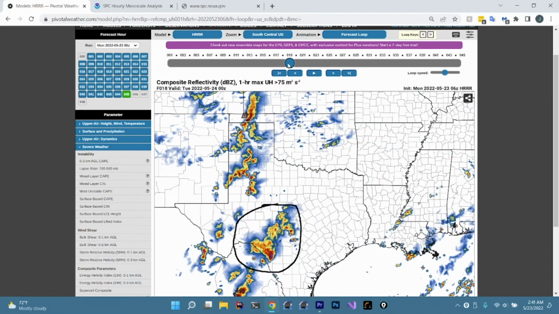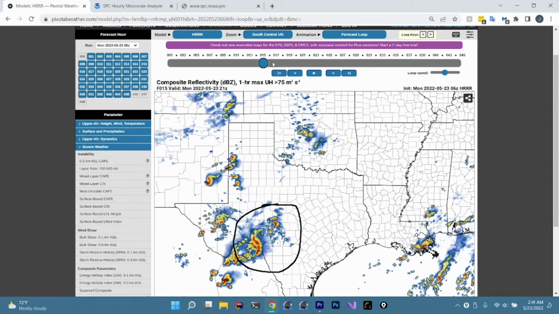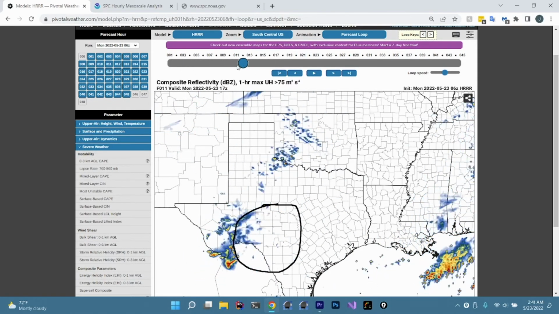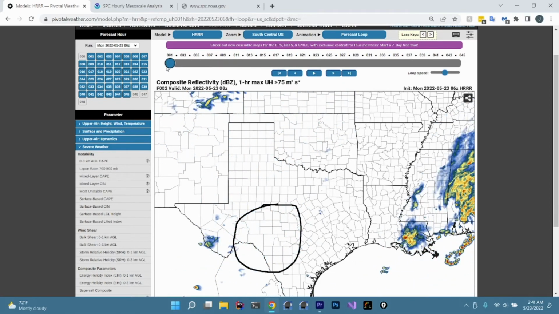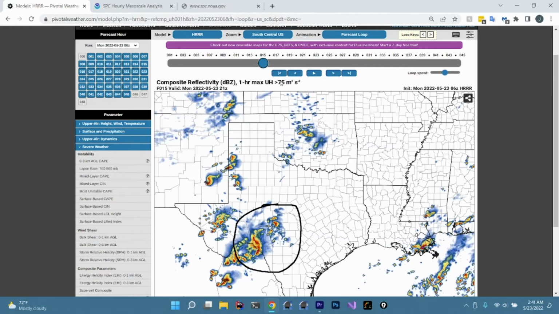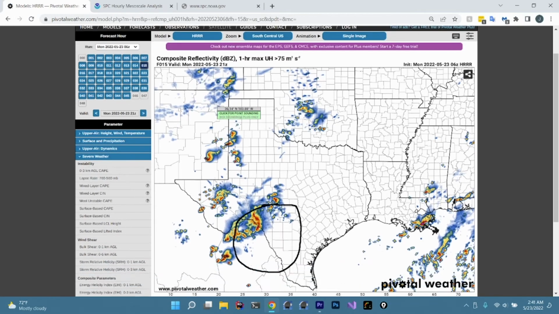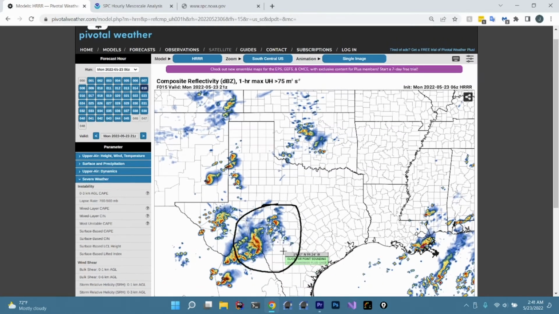Well, why do we have storms there? Why is this forecasting storms there? That's the question that we need to answer. Now, we're doing this backwards, but I'm doing it backwards for a reason, to kind of illustrate what's going on. So let's go ahead and stop it at 21Z, which is a pretty good time. So 15, we'll click on 15 here, and then we'll have a little complex of storms.